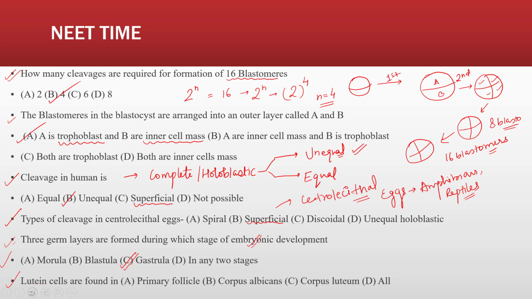Lutein cells are found in the mature follicle, or the Graafian follicle. In the Graafian follicle, the follicular cells form small lutein cells and the granulosa cells form large lutein cells, and both of these cells combine to form lutein cells.